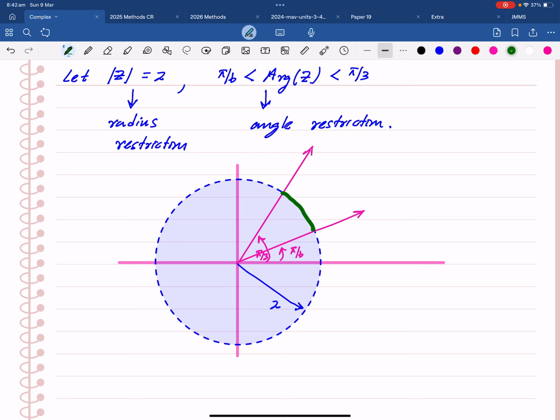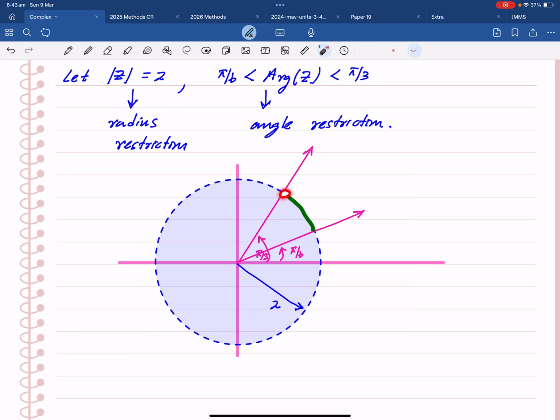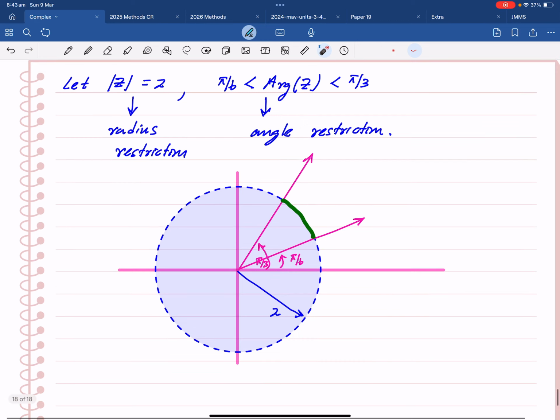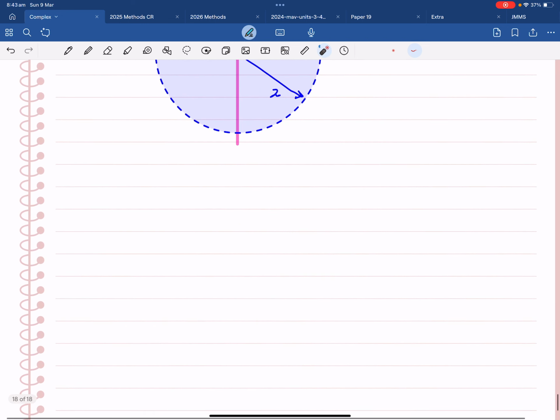So this will tell you this so-called z under this restriction should be here, here, here, here, and here only, right? Yeah. So that's the idea. Oh, good. Now, next one. Okay.